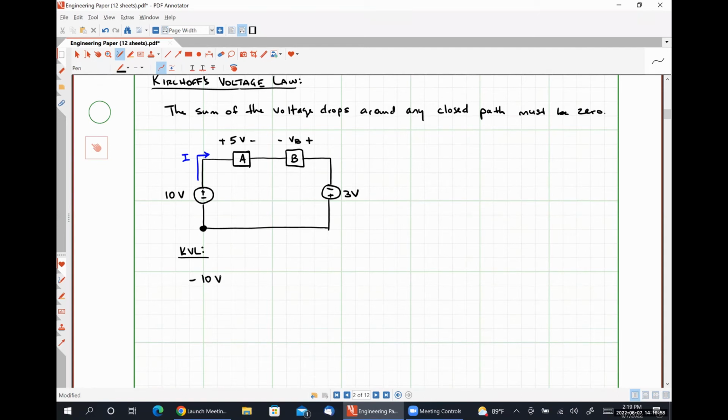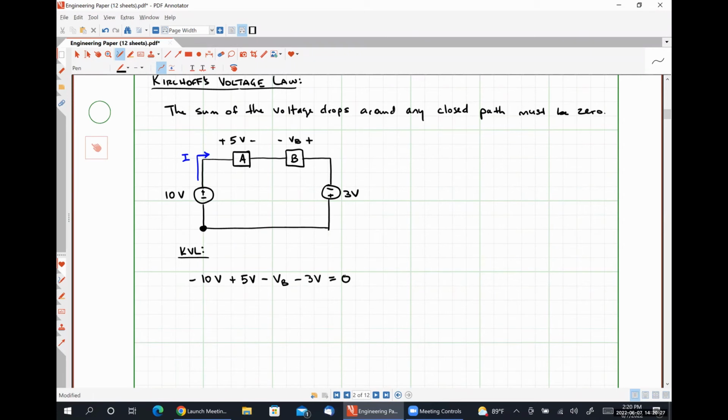Then it flows into the positive polarity terminal of the 5-volt drop across element A, so that's plus 5 volts. Then we see the negative polarity terminal of the voltage drop VB, so that's minus VB. And then we see the negative polarity terminal of the 3-volt source, so that's minus 3 volts. And we're now back at the node that we started from. So we're finished by setting this equal to 0.